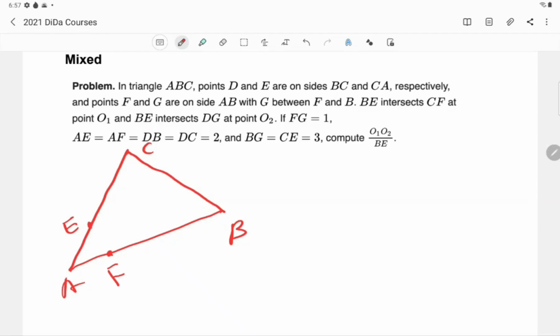And then BD is equal to DC, is equal to 2, okay? And then F and G are on side AB with G between F and B. So G should be somewhere here, okay?